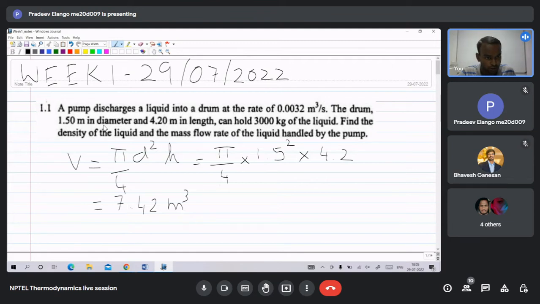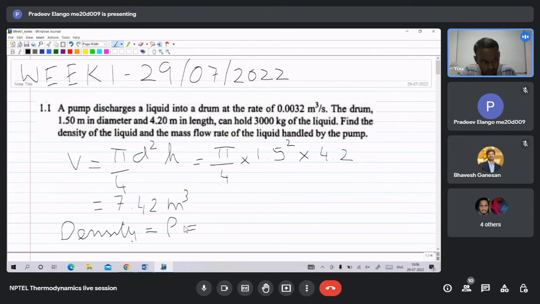Now we can calculate the density. So we have the mass of the liquid as 3000 kg, and we have volume as 7.42. Can someone put in the chat box how I can calculate the density? Density is generally represented by the Greek alphabet rho, that is given by mass by volume.